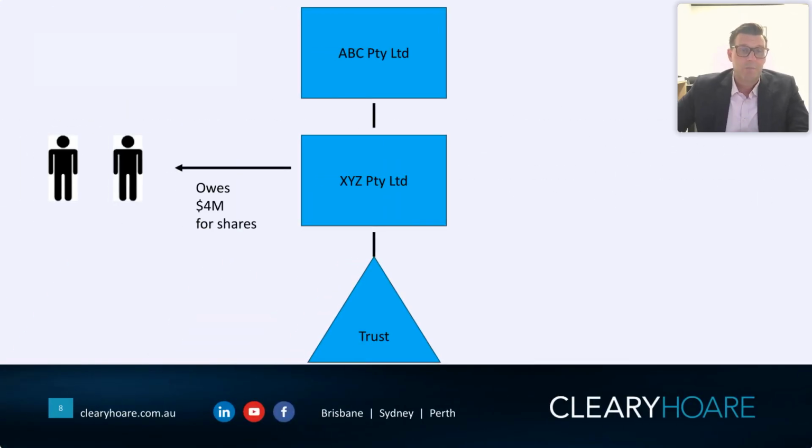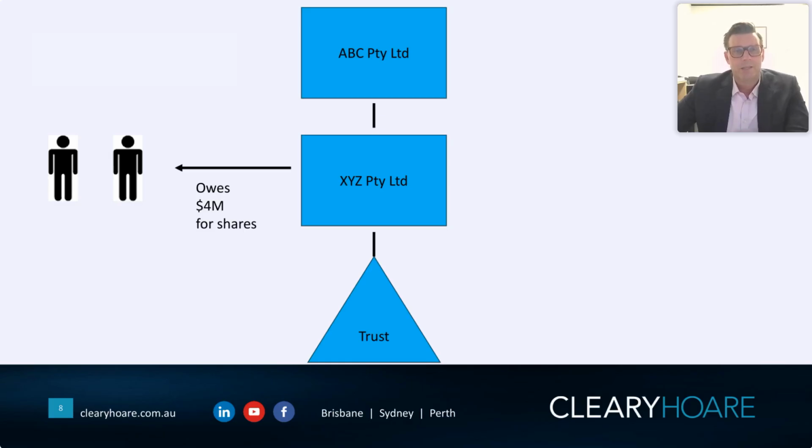And then potentially we pay back our loan of $4 million. So that's a way of extracting that $4 million from XYZ without there being further taxation. But that will only apply on the sale of shares of ABC.